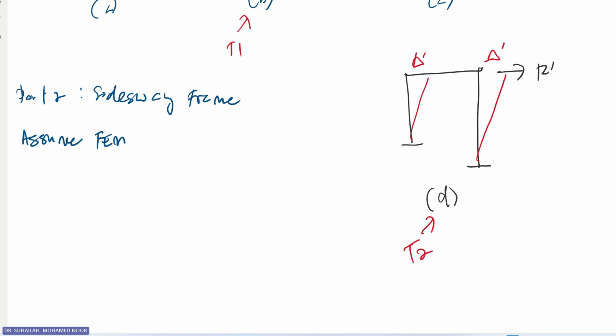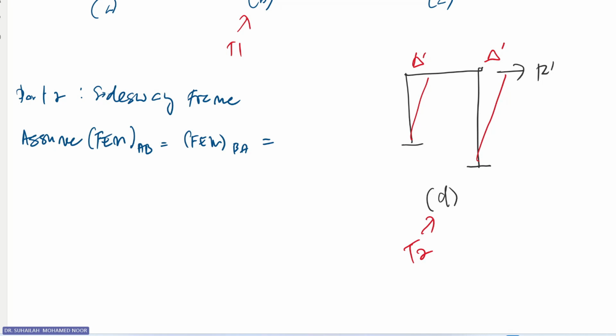So assume FEM for member AB, and both ends will have moment. So FEM AB and FEM BA.